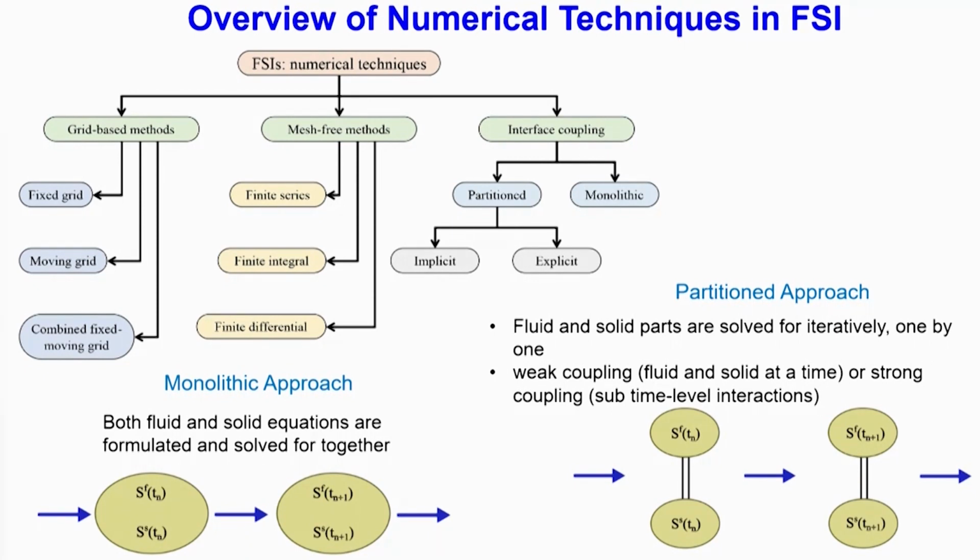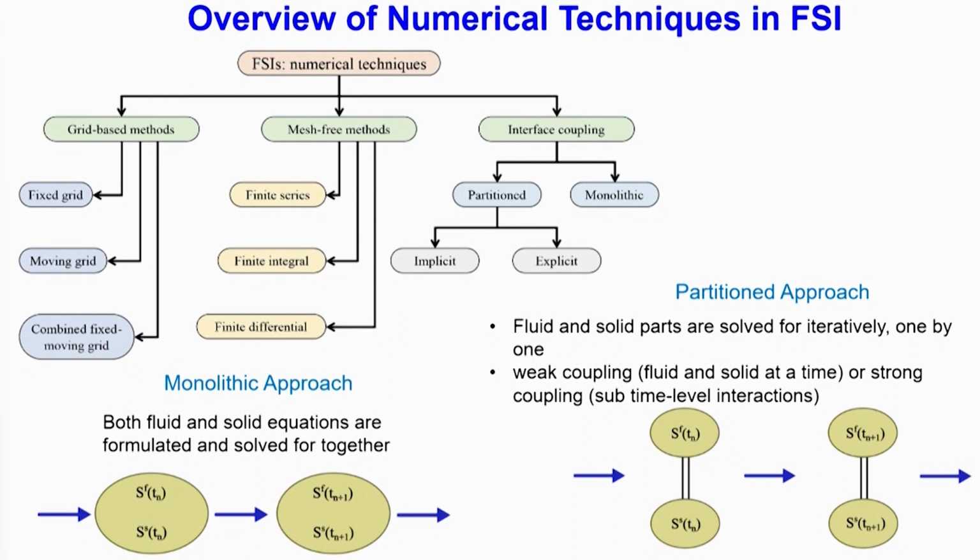In the modern era, there are many computational tools which combine the fixed grid and the moving grid, and so this is grid based, but there are many methods which do not depend on grid. These are called meshless or mesh free methods, and they are also getting very popular.